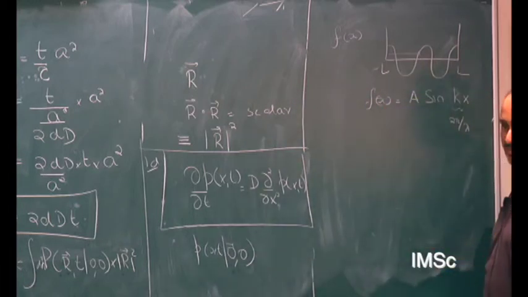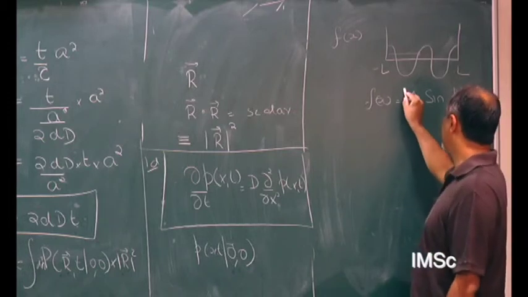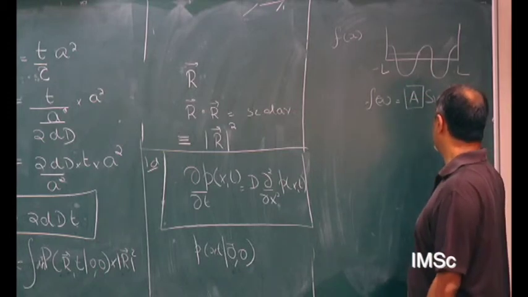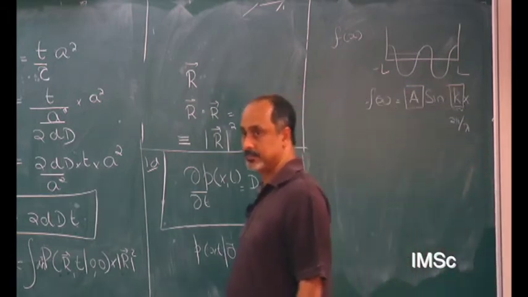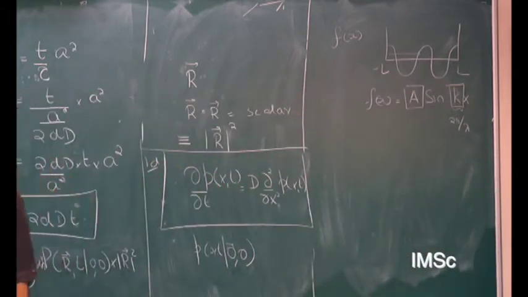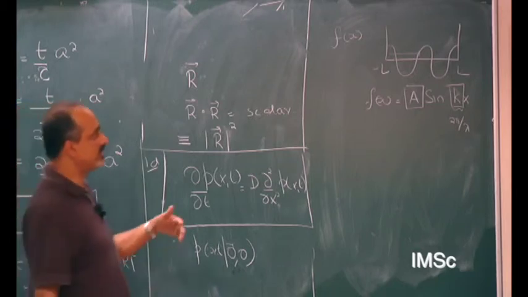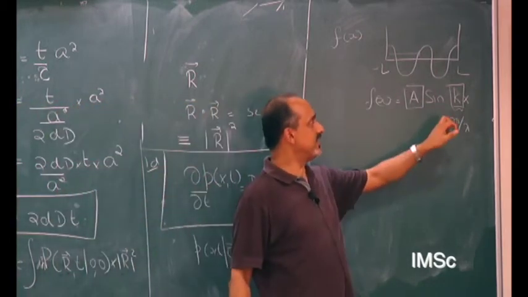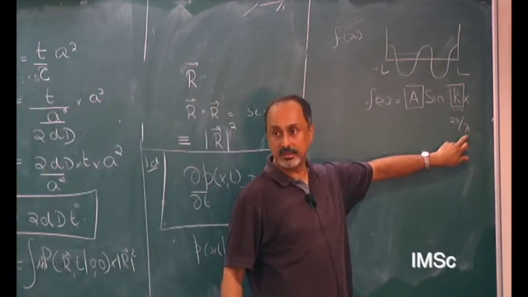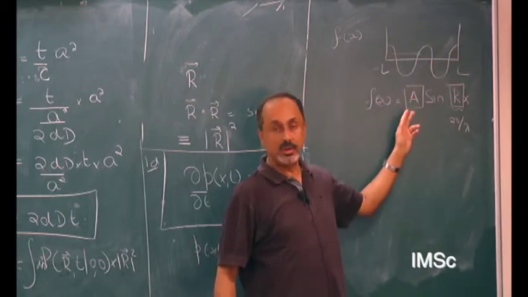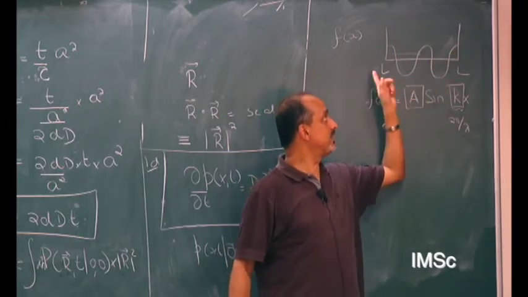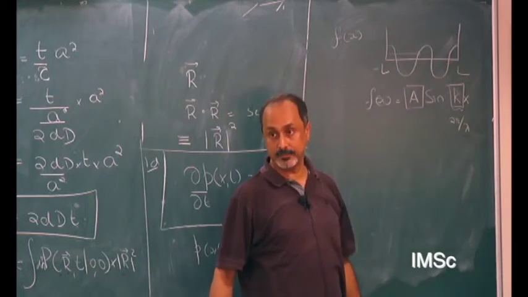That's the simplest way of saying this. Okay. So now, by telling you what A is and what k is, I have told you exactly what this function does. I've said that of all the possible wavelengths that this wave can take, choose a particular wavelength, lambda, and choose a particular amplitude, and that's all I need. I don't have to tell you about the function at every point, the value that the function takes here.